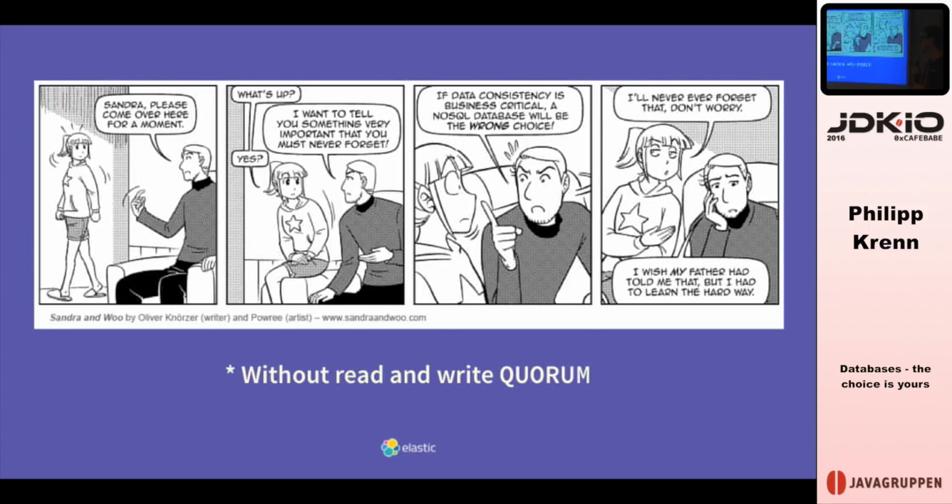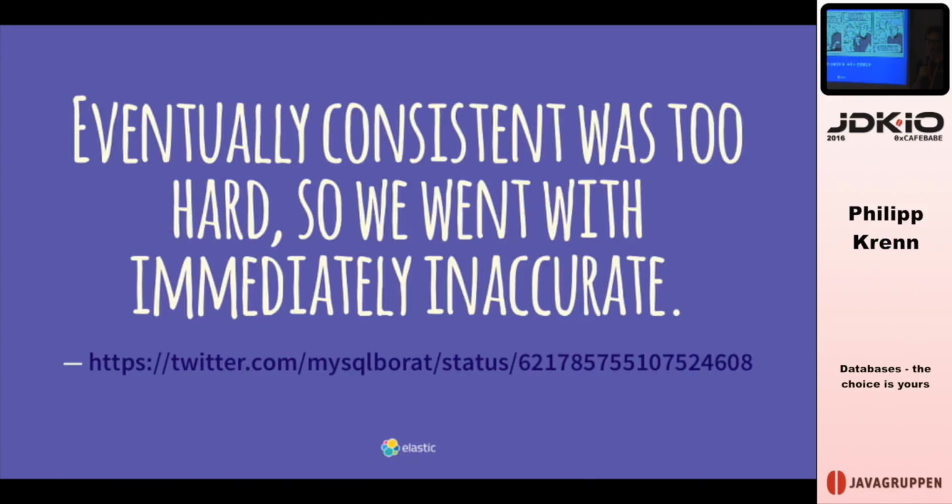Normally you would read and write your data 3 times, but you always need to wait for all 3 operations to finish, so that adds quite a lot of overhead. So most people don't actually do that. But for some use cases, it is totally valid to have data that might not be entirely consistent, but is highly available. And some people always need to make fun of stuff, and they say, yeah, eventually inaccurate.